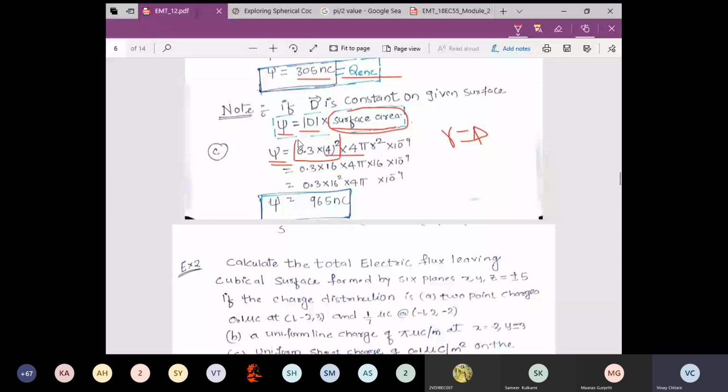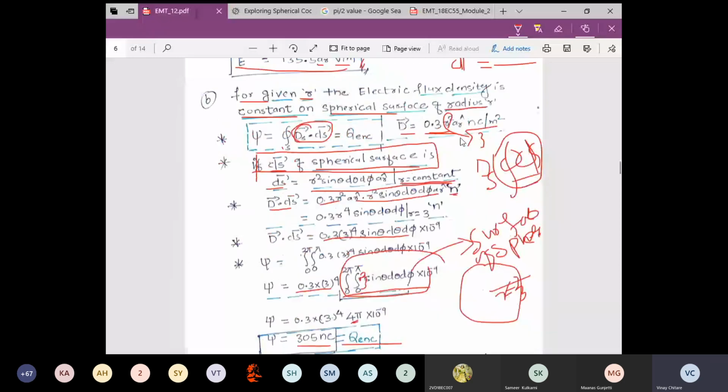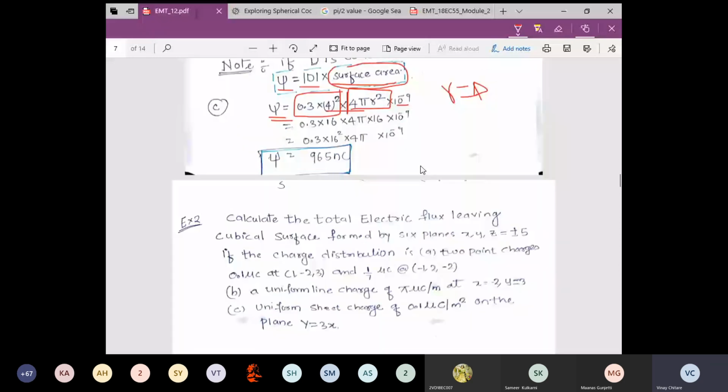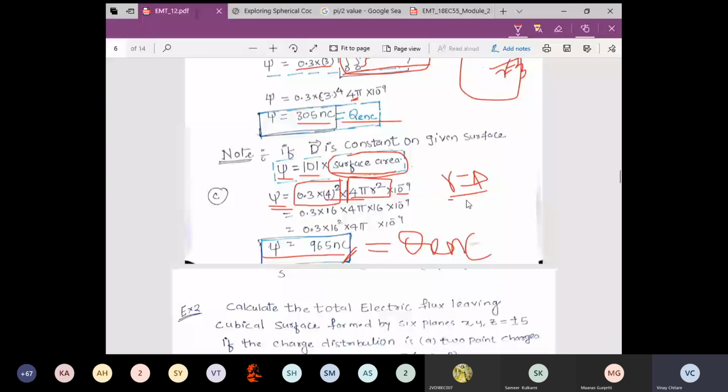This is the Ds, and this is the surface area of the sphere, 4 pi r square. And this is nano because it's given that D is in nanocoulomb per meter square, and hence we can compute that the flux is 965 nanocoulomb. And this is also equal to the charge enclosed inside the sphere of radius r equal to 4.